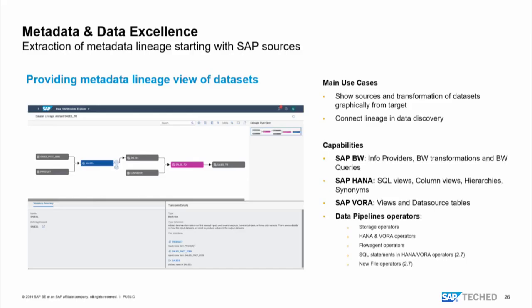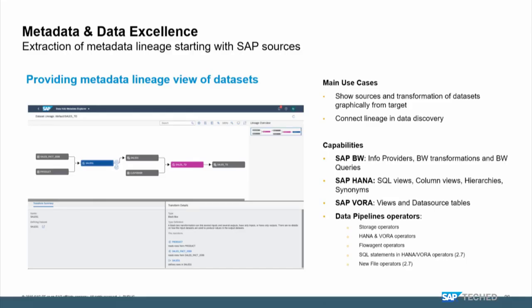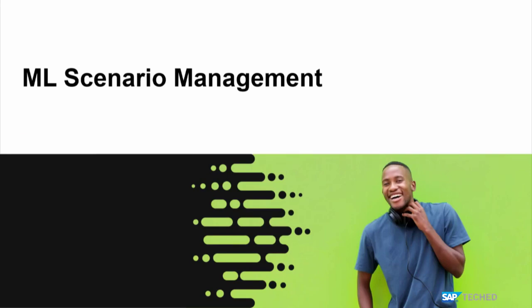Jumping back, we talked about the pipelining, we talked about the governance, right? I skipped the scheduling and orchestrating a little bit due to time. Now I would like to focus on the specific part which we added for data intelligence, which is exactly the scenario management.